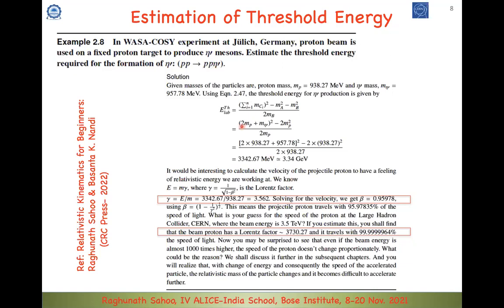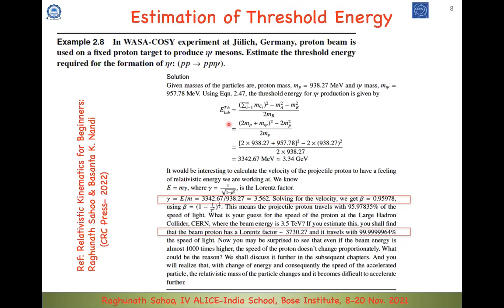So that is 2M_P plus M_eta prime, this whole squared, minus M_A² and M_B², which are my 2 protons here, one stationary and the other the projectile, so 2M_P². I plug in the values of M_P and M_eta prime, and finally I get 3.34 GeV as my threshold energy for the production of eta prime mesons. And that is what I verified with Anki, that the threshold energy in that experiment is also 3.34 GeV.